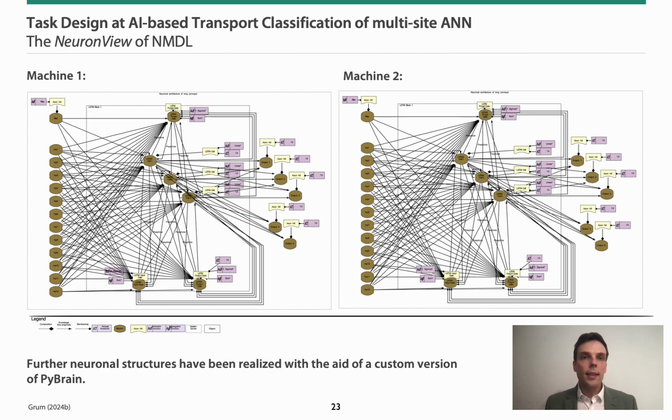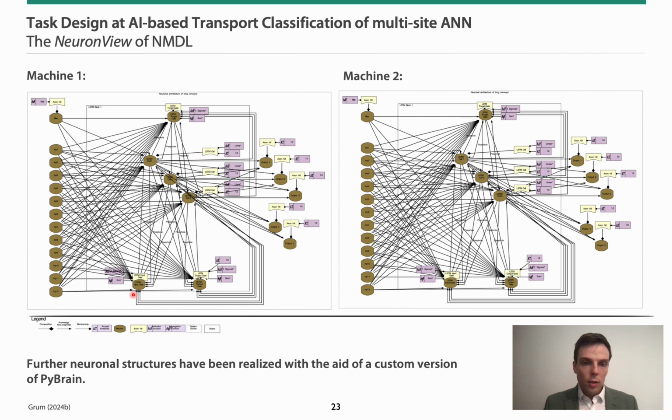Since the ANN needs to establish an understanding of time in regard to the duration of transports and further production tasks, a long short-term memory structure was created. So you can see the NMDL's 3-cell LSTM block for the first time in this presentation. We have the 3 cells right within the LSTM block.